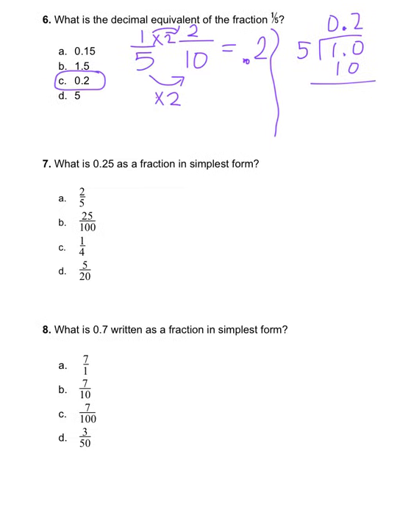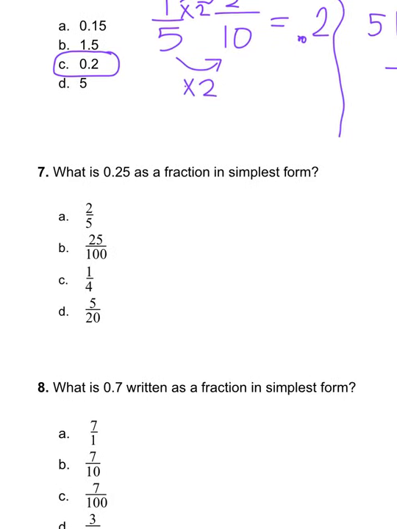Next problem, number 7, says, what is 0.25 as a fraction in simplest form? You need to know how to say the decimal mathematically, and that's 25 hundredths. So you would write it as 25 hundredths. That is not in simplest form.